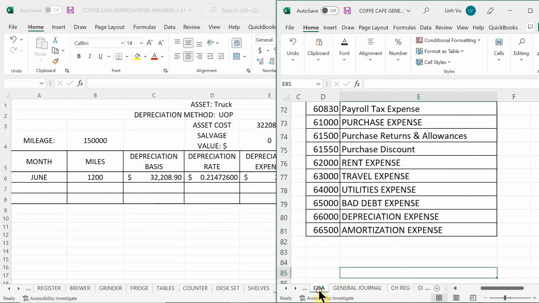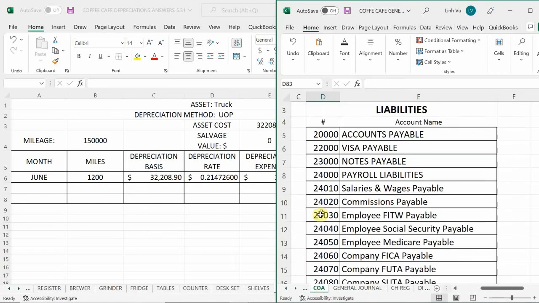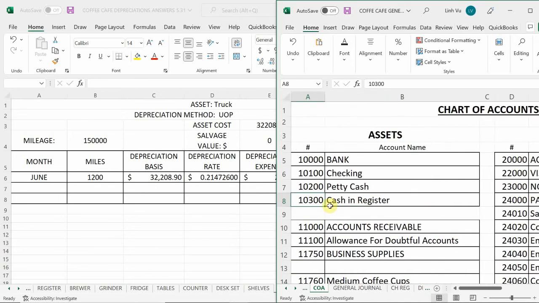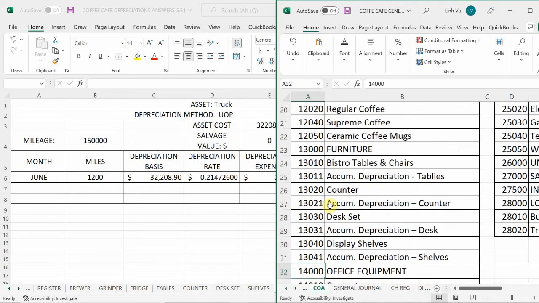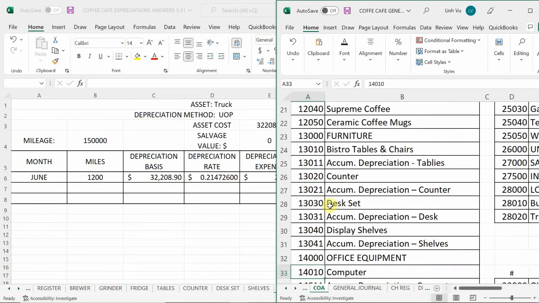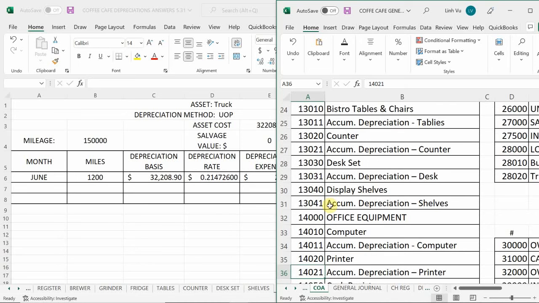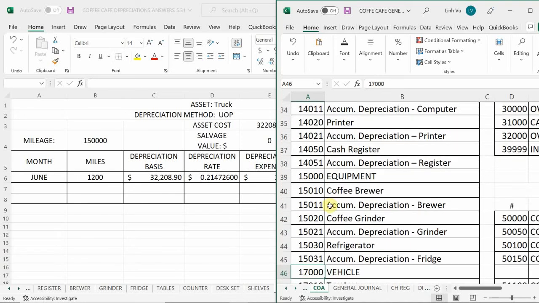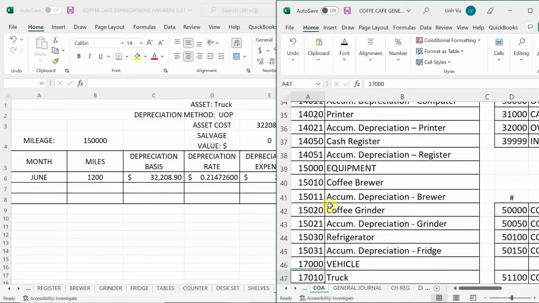We are separating the account for each asset. As we see on the chart of accounts, each asset has its own contra account for the accumulated depreciation.